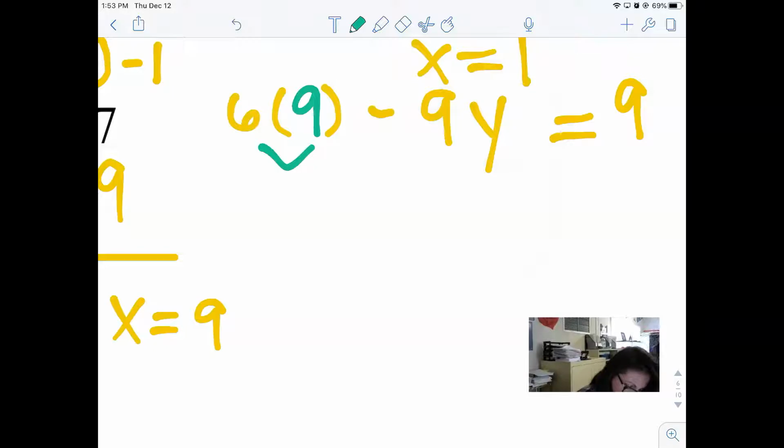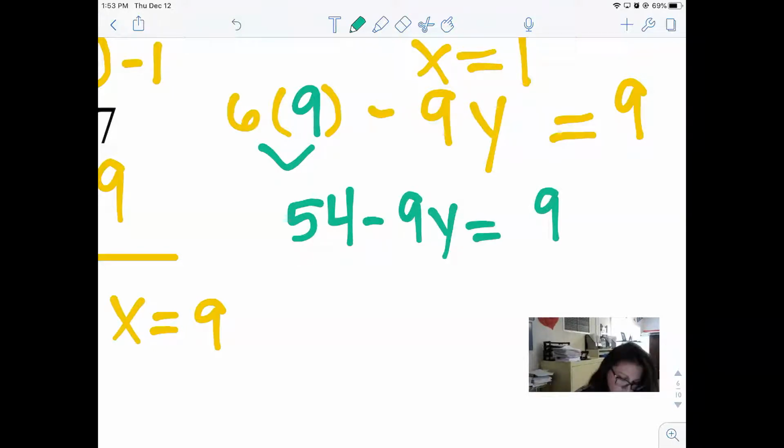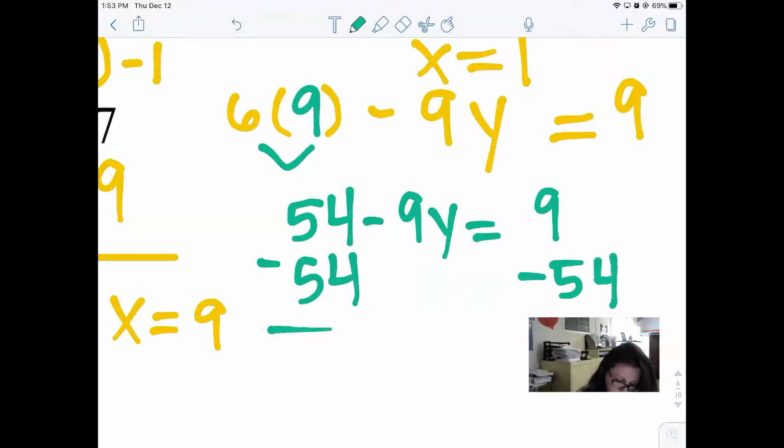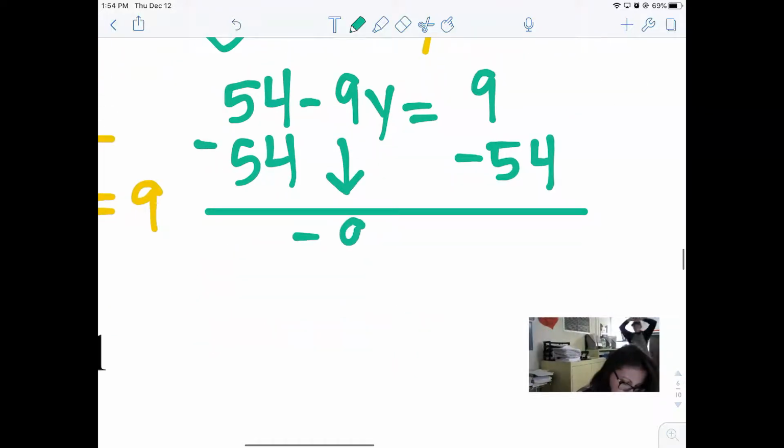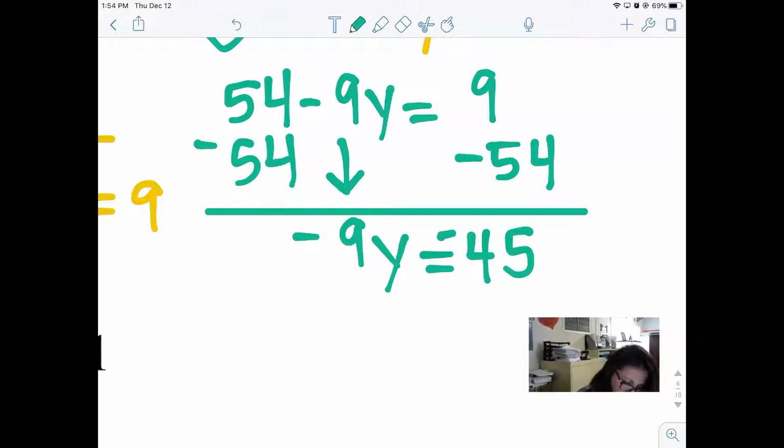So 6 times 9 is 54, minus 9y, which is 9. Now I'm going to subtract 54 on both sides. Bring down the negative 9y, which equals 9 minus 54, which is negative 45.